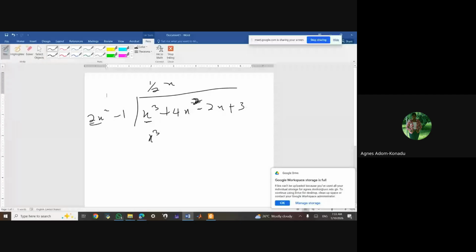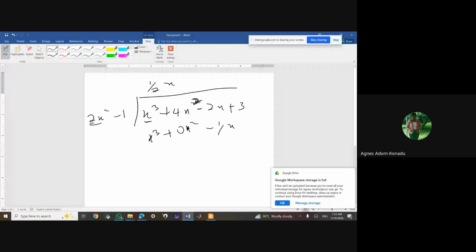Then you multiply the negative 1 by the half S, and this will give you negative half S. I wrote it under the negative 2S because they are of the same power. So it means that the middle here is 0S squared.